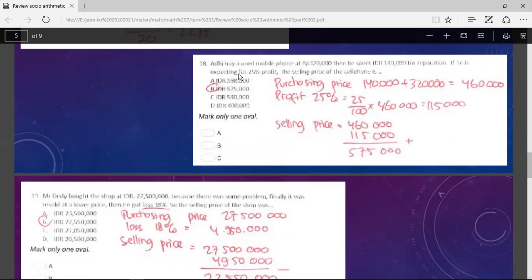And then he expects a 25% profit. So we can first find how much 25% is: 25 per 100 of the purchasing price, because we calculate the profit from the purchasing price. So it is 115,000. And then the selling price we can find from the purchasing price plus profit. So that is equal to 575,000. So the answer is B.